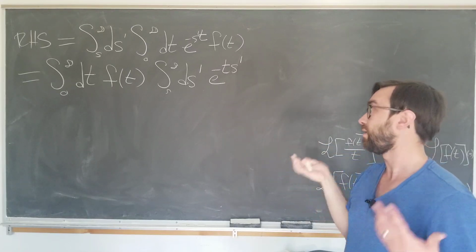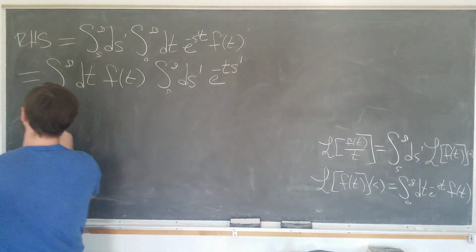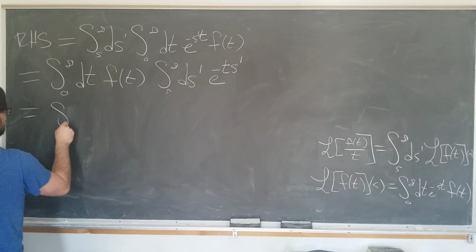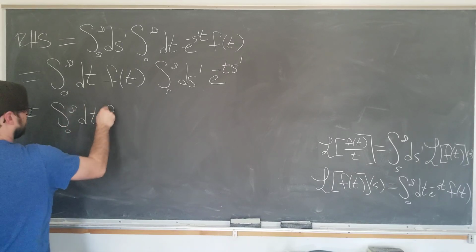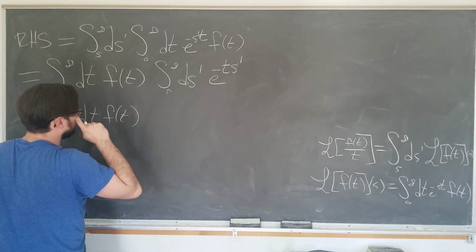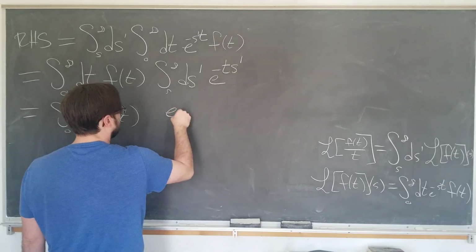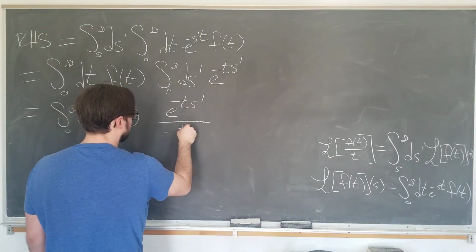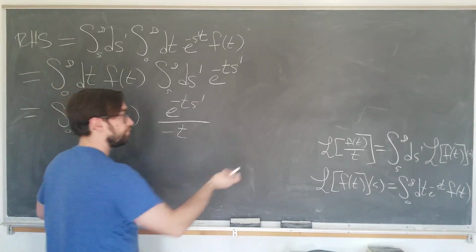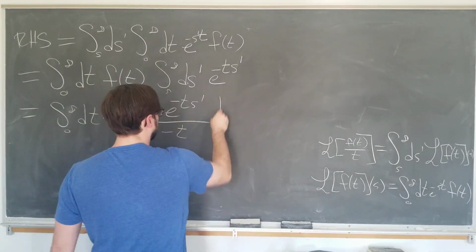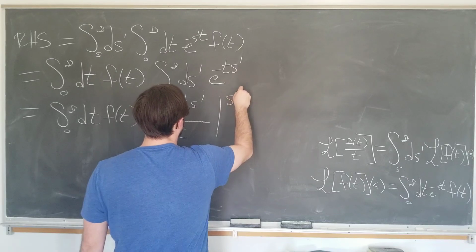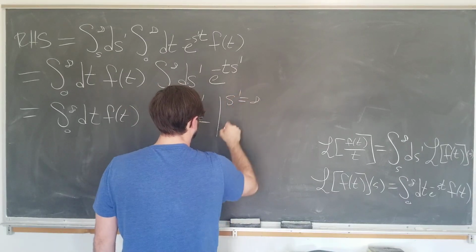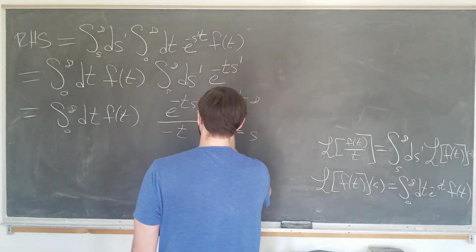So this is the entire point of switching it. 0 to infinity dt, f of t along for the ride here. And this integral becomes e to the minus t s prime over minus t. So we can see how we get the division already. Evaluated at s prime equals infinity and s prime equals s.